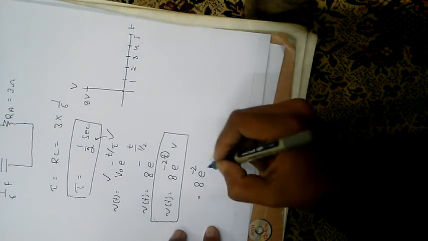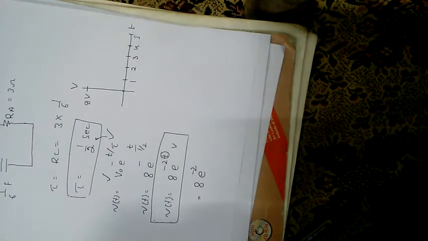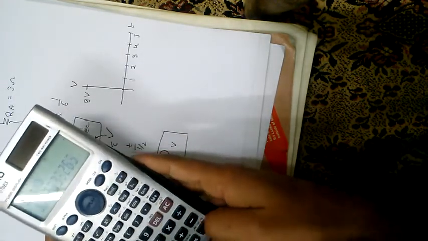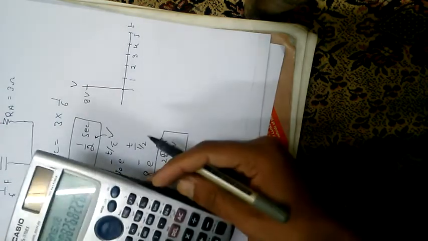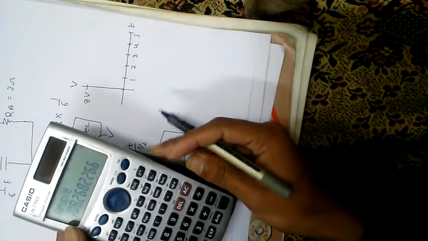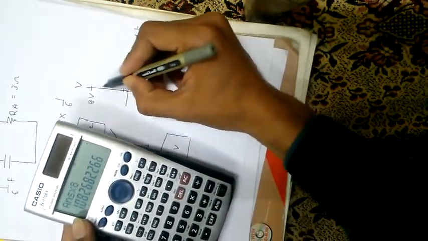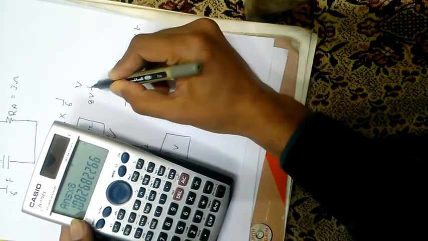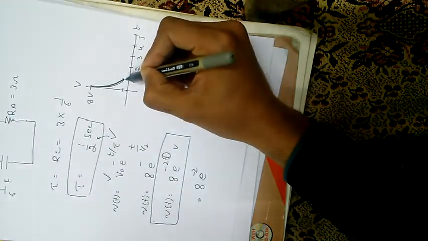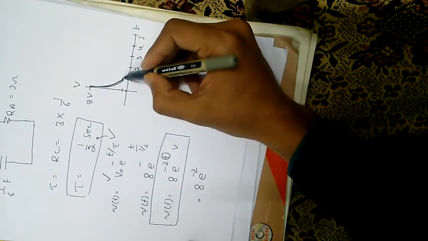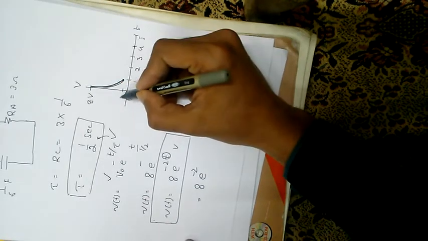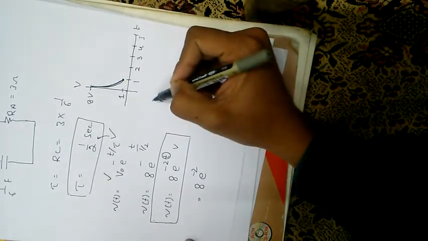If you calculate on the calculator e raised to power minus 2 multiplied by 8, you can see that there is only 1.08 volt across the capacitor. So we can say that for the first time constant, the capacitor voltage will drop suddenly from 8 volts to 1 volt.